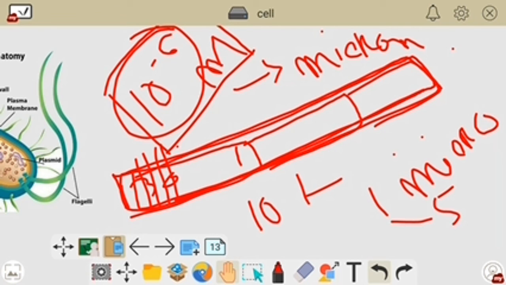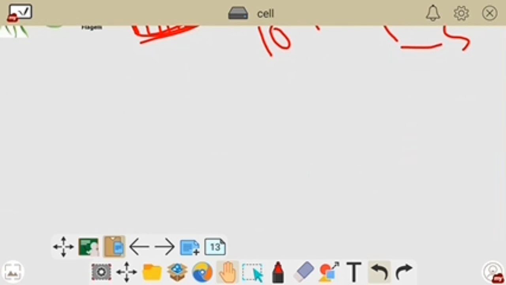But the size of the bacteria mycoplasma is 0.1 micrometer.